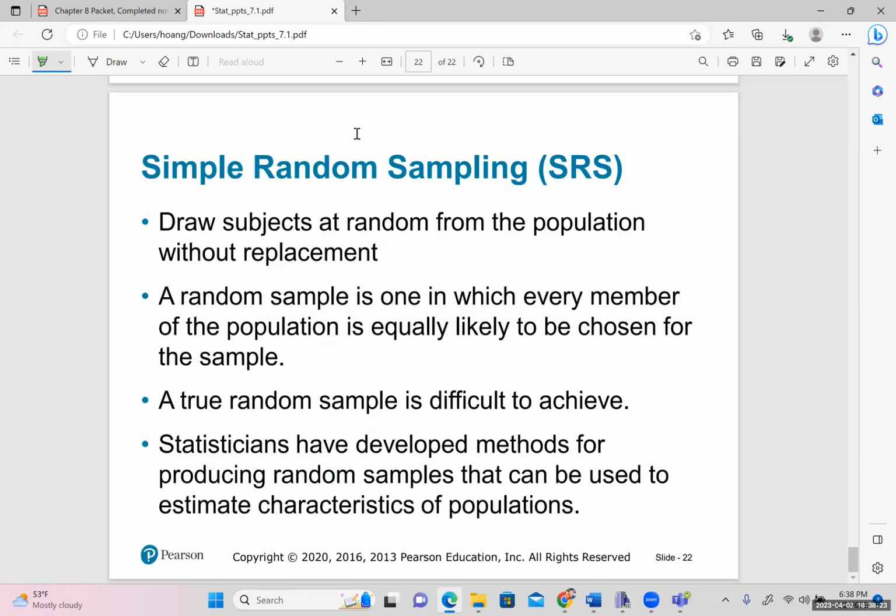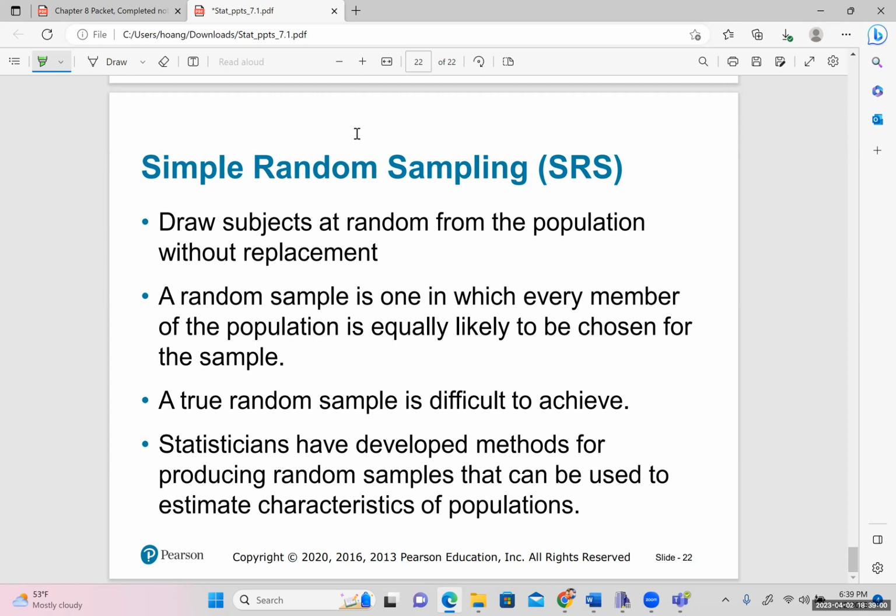Okay, so let's move to a very common way to do a survey. We call it simple random sampling. This sampling method usually helps us get a good sample that is representative of a population.